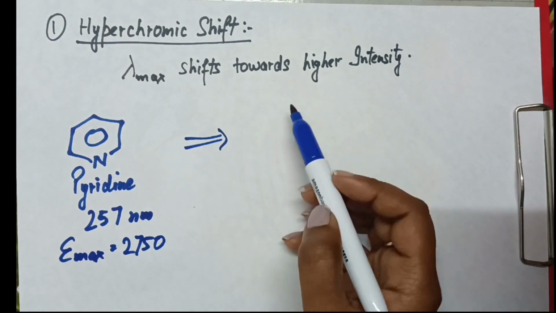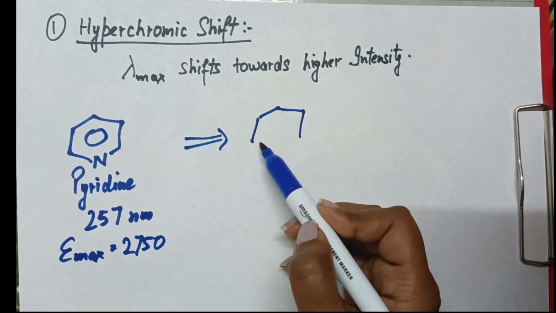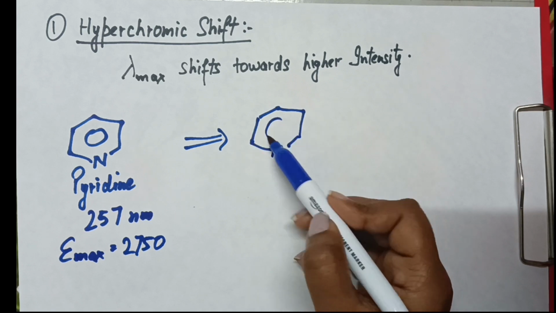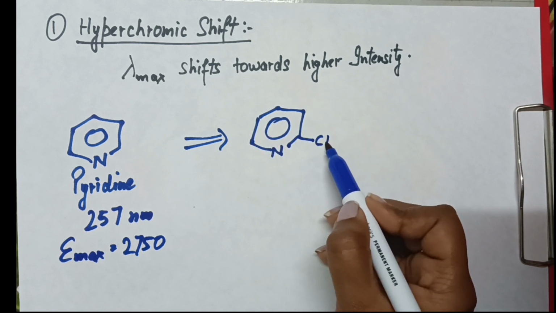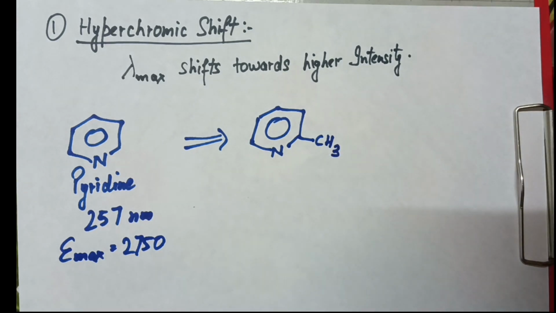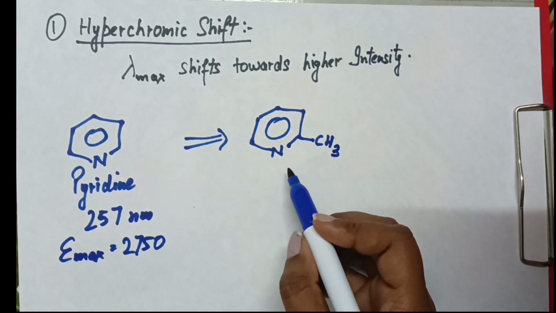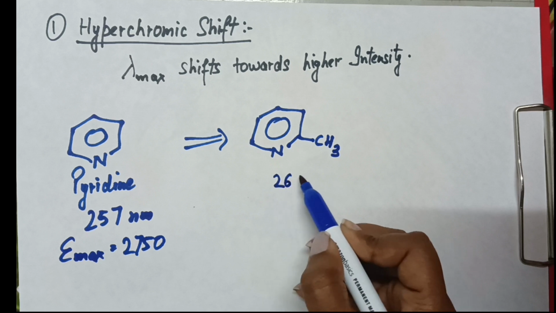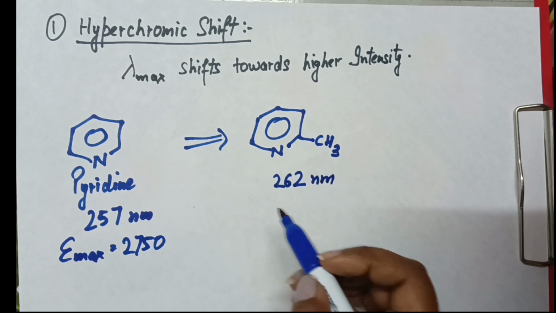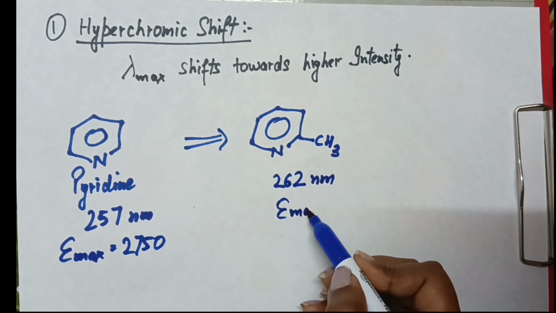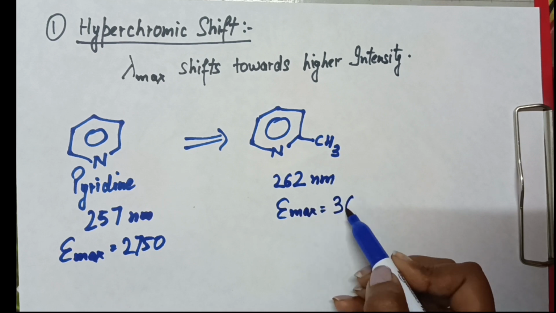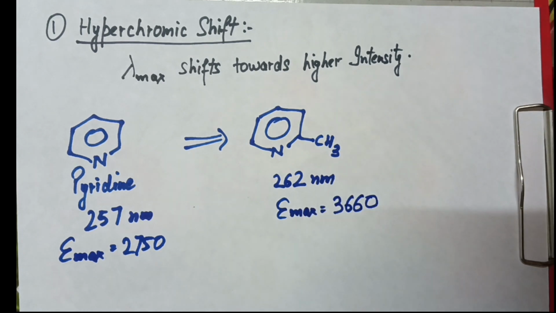Now if we take the compound, and we have an extra methyl group here. In this case we have lambda max of 262 nanometer and epsilon max of 3660.